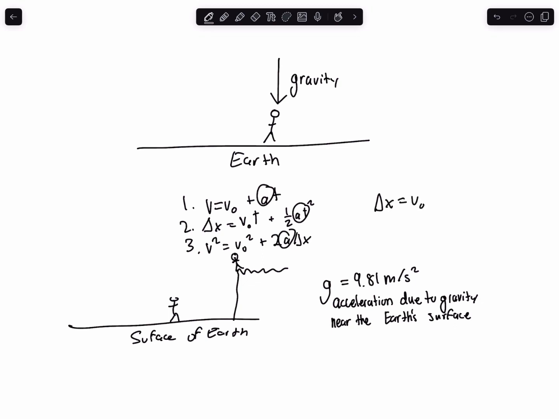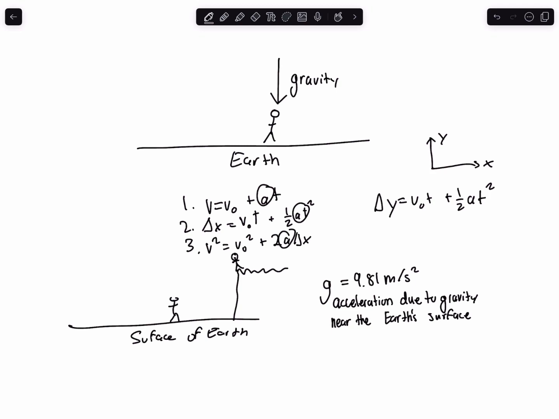Delta x equals v naught t plus 1/2 at squared. And I'm going to do some magic. I'm going to make this x disappear, but instead, I'm going to replace it with y. Y as in the vertical direction, up and down. And you can do that for all kinematics equations. You can replace x with y or z or whatever you want. But in our case, x is horizontal, y is vertical.